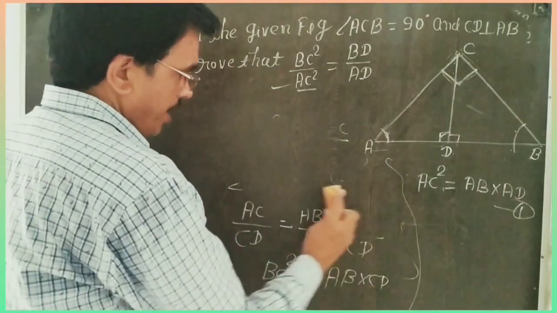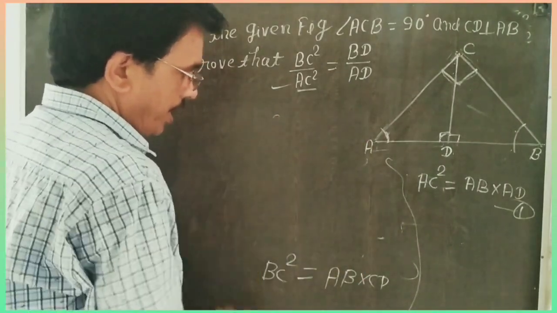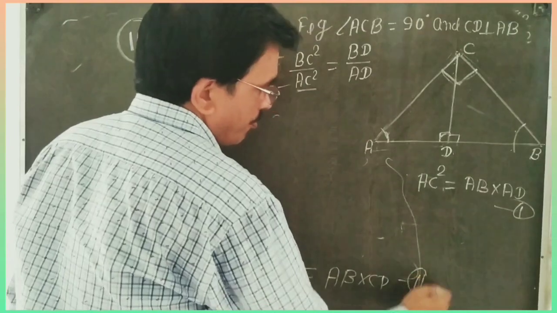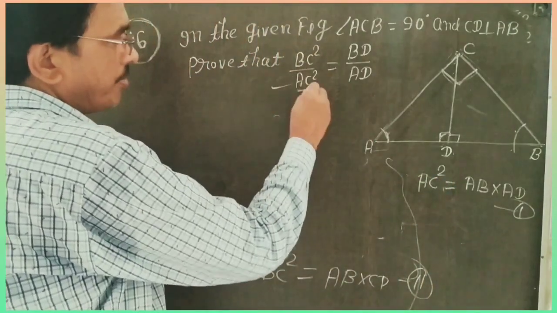Divide the second equation by the first, then you get the solution, because your question is BC square by AC square.